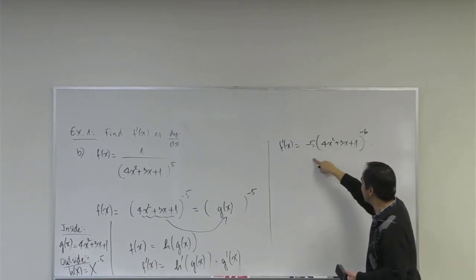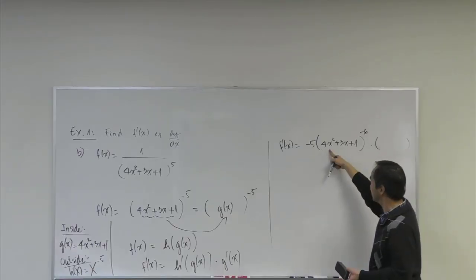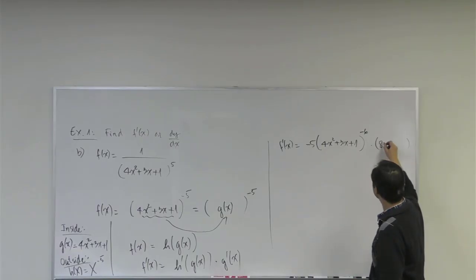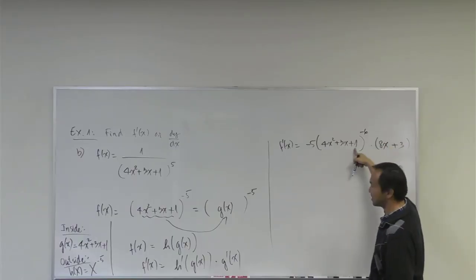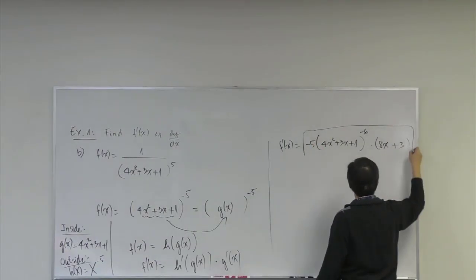That takes care of the derivative of the outside. Now I multiply with the derivative of the inside. Term by term, 4x squared becomes 8x, 3x becomes 3, and that last term becomes 0. At this point, we are officially done with our derivative.